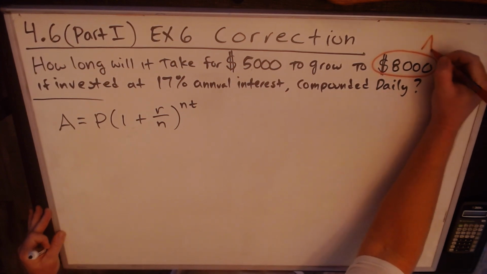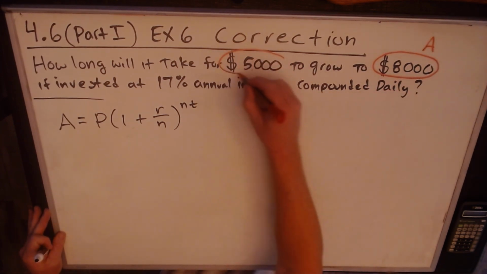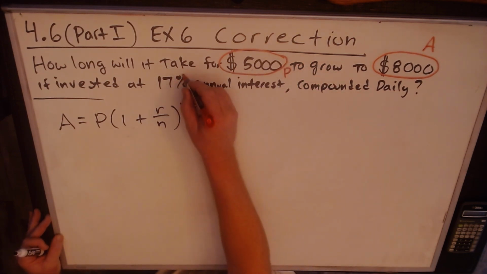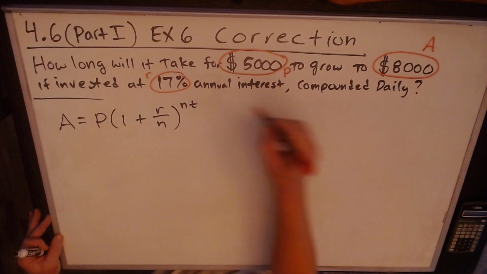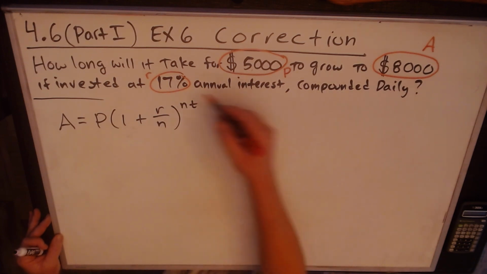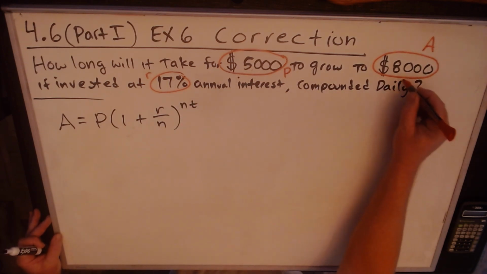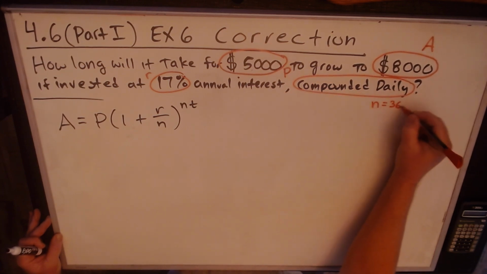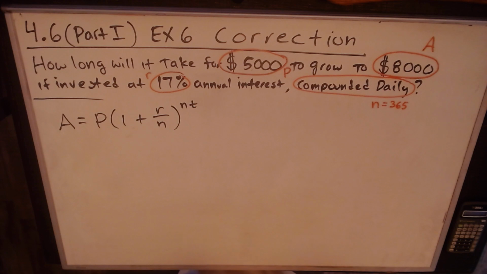The future amount is A. The present value is P, or the principal. The interest rate is R, and that'll be as a decimal, 0.17. And compounded daily is our N, will be 365 days a year.